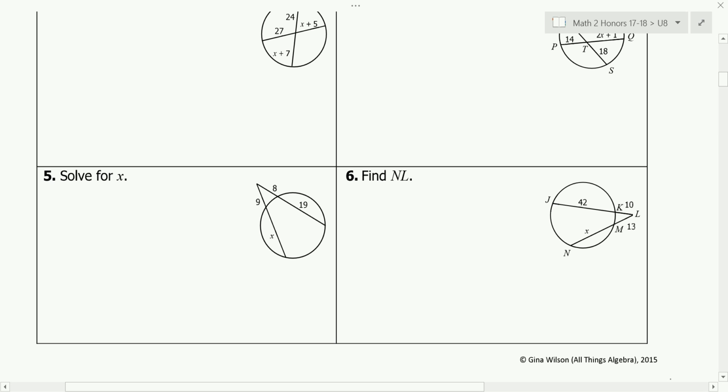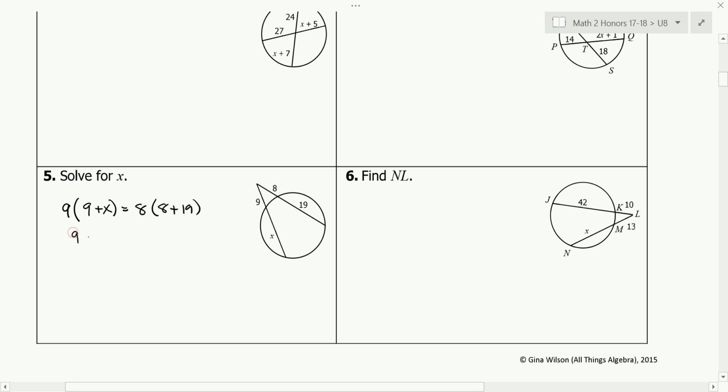Okay, so on this one, 9 times what? 9 plus x, not 9 times x, but 9 times 9 plus x is equal to 8 times 8 plus 19.